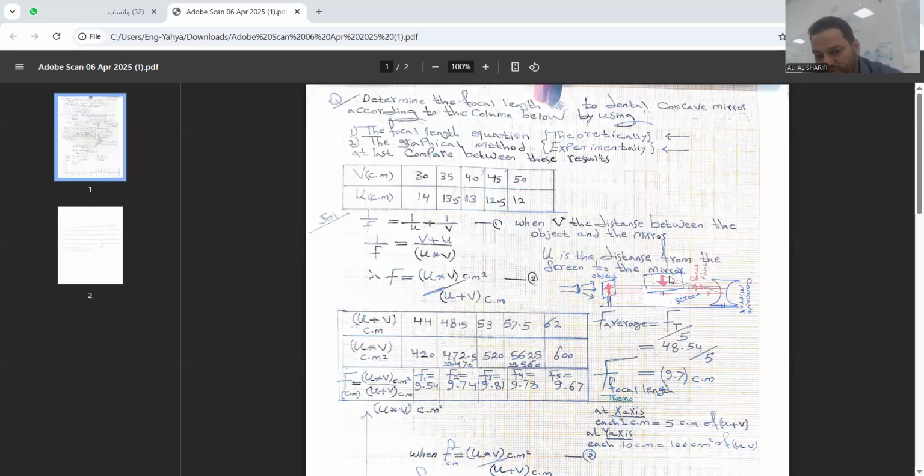And there is no way we can put the screen directly between the mirror and the object or the light source, because if we put it in that situation, I don't have any opportunity to take a reflected picture of this object. Why? Because the screen, when we put it between the mirror and the object or the light source, means no rays reach the mirror, okay? Because the screen will act as a wall.